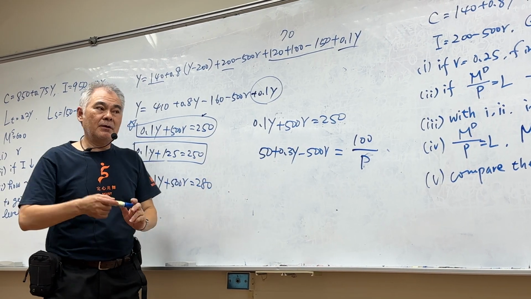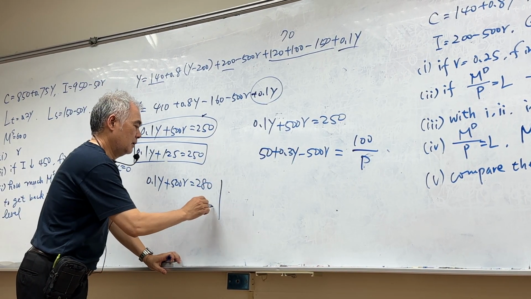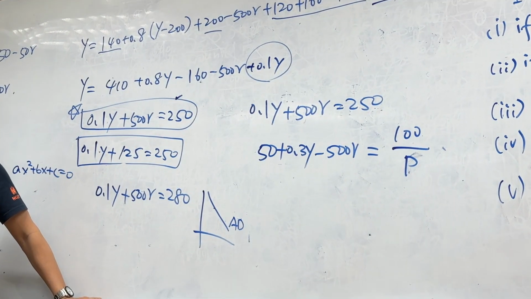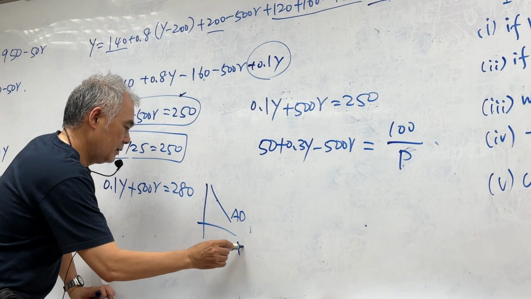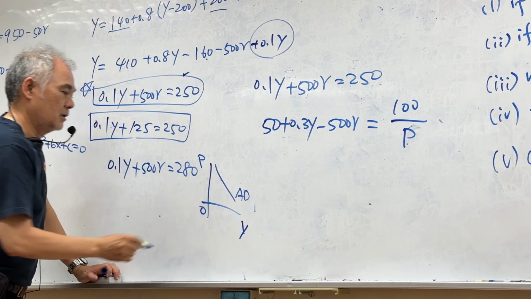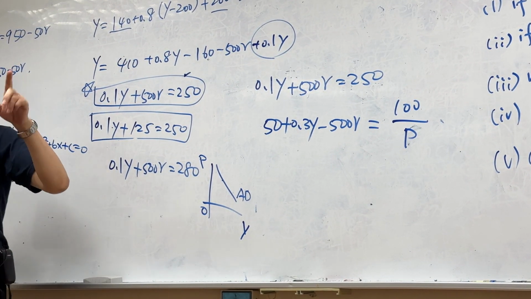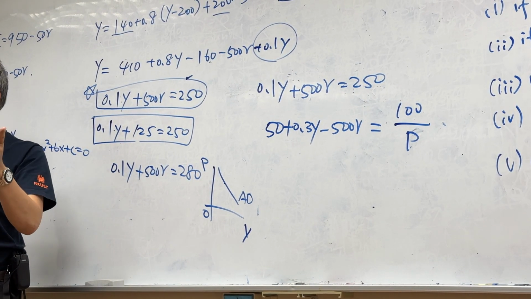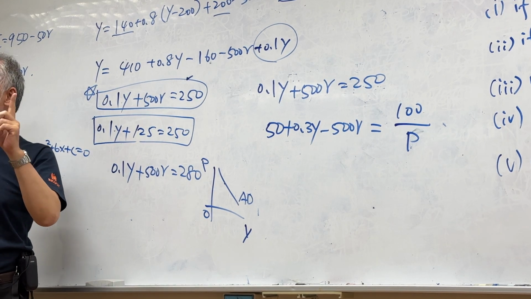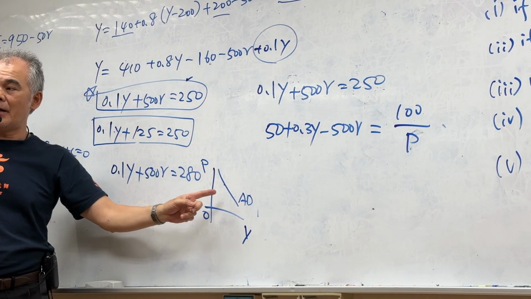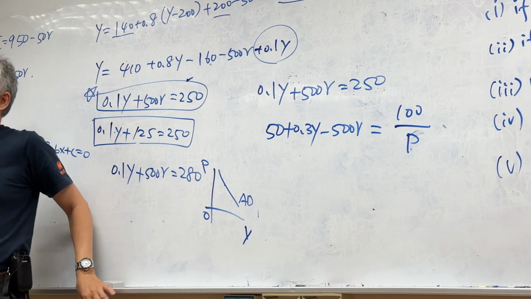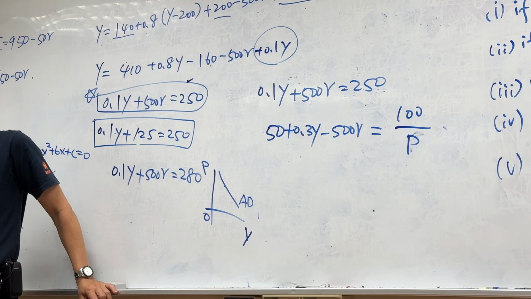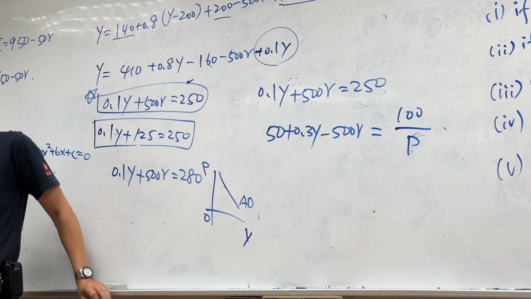But remember, to get aggregate demand you have to have Y and P. For the IS-LM model, you have Y and R, but for aggregate demand, you have Y and P. So what you need to do now is get rid of R.